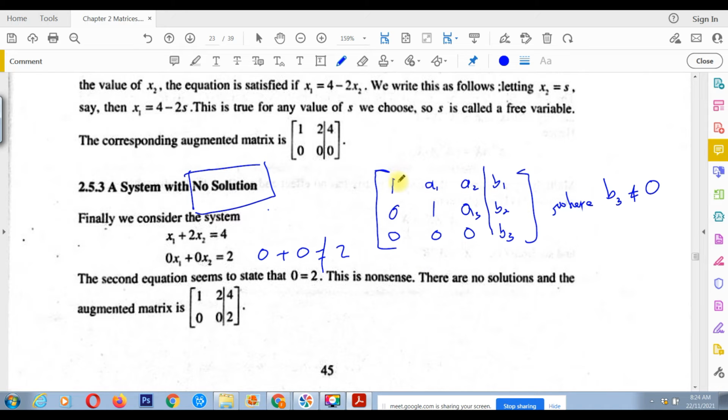With this condition, we can conclude this system of equations has no solution.